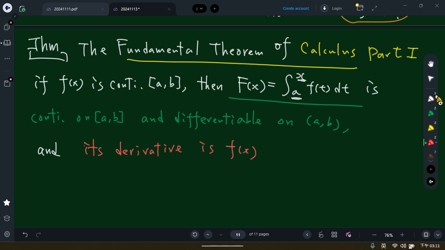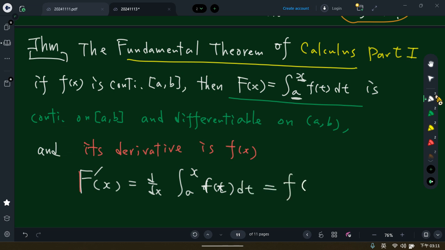So that means if you try to differentiate this big F, you will find you can get f of x back.